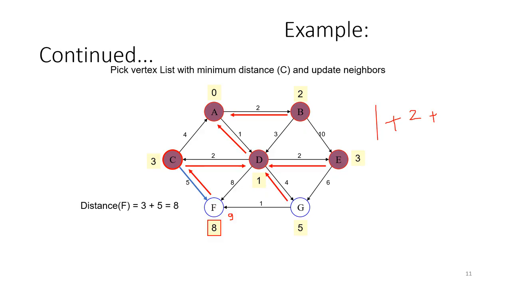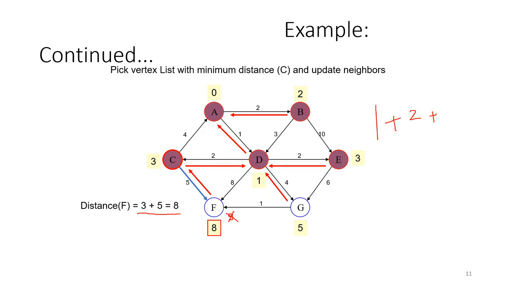So 3 plus 5 is 8. Now that is less than the initial distance, so we need to update this to 8. I removed this 9 and updated F to be 8.